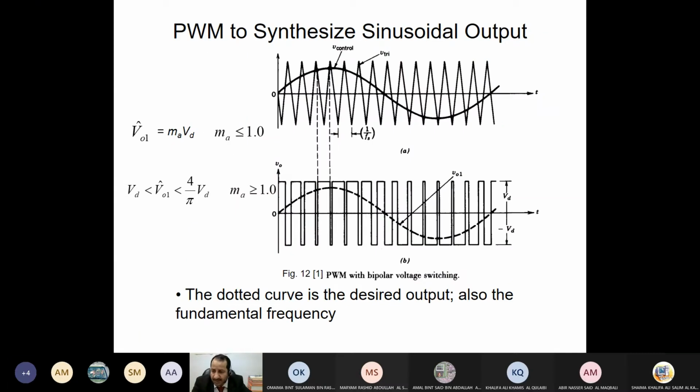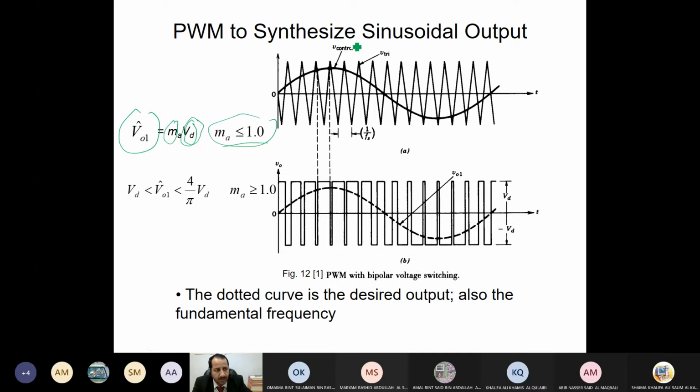If we keep this in mind, then we can say everything discussed for one leg applies here. The only difference is we have VD, not VD/2. So if we repeat the discussion for linear modulation and over modulation, it's the same. The fundamental output voltage will be MA times VD, not VD/2, for linear modulation.